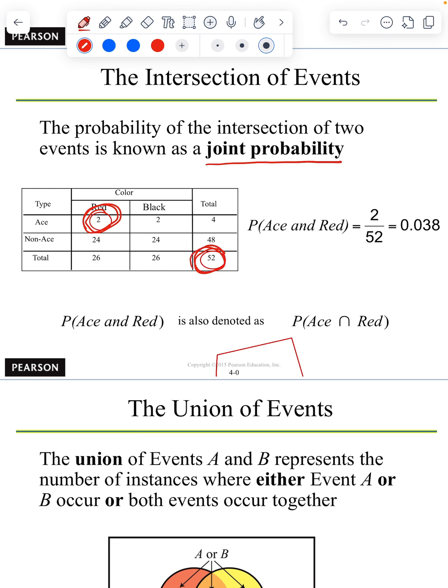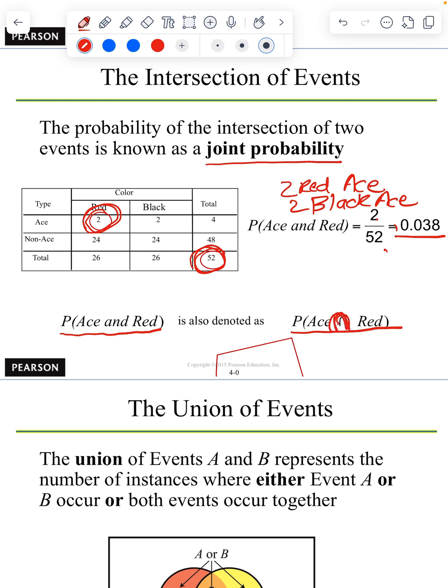I have 2 red aces and 2 black aces, because there's a total of 4 aces. So that's going to be a 2 over 52 chance, which equates to a 0.038 probability. So this is another way you can look at it. The probability of ace and red is denoted as P, and then you've got ace and red.